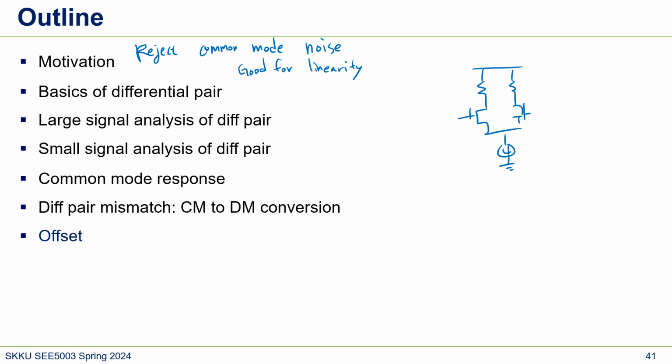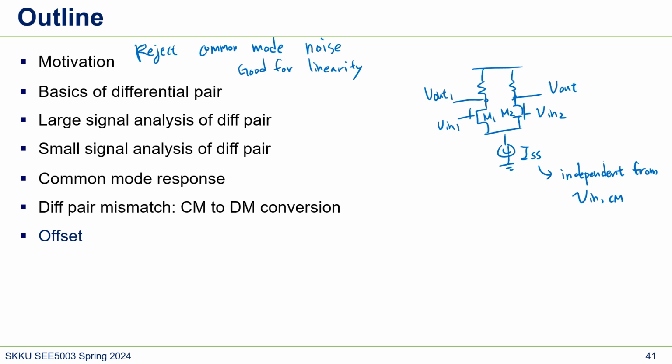We need a current source here to define the operation of MOSFETs M1 and M2 well, independent of V in CM. So we need this ISS to make the circuit independent from V in CM, and this is Vout1 and Vout2.